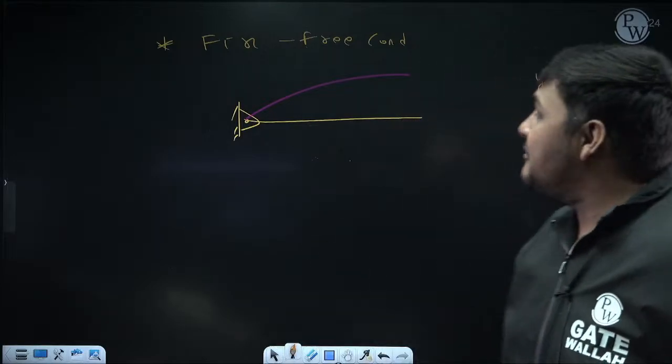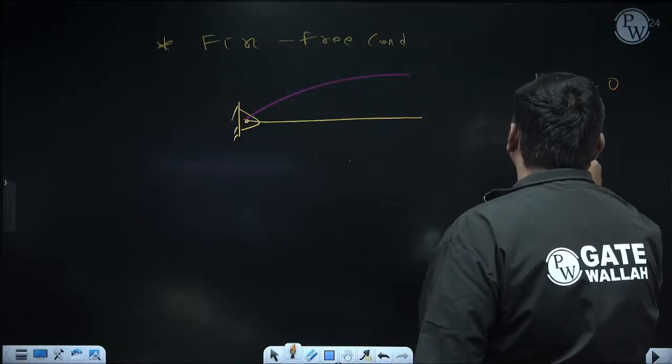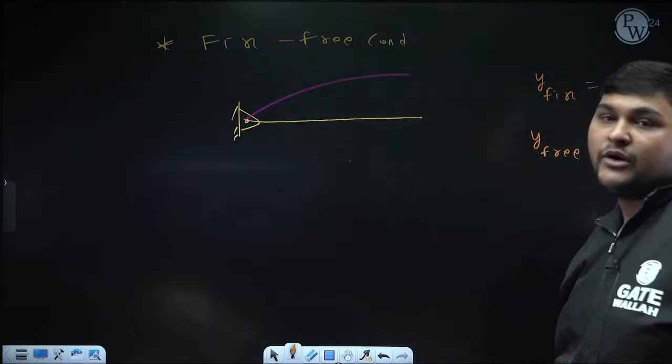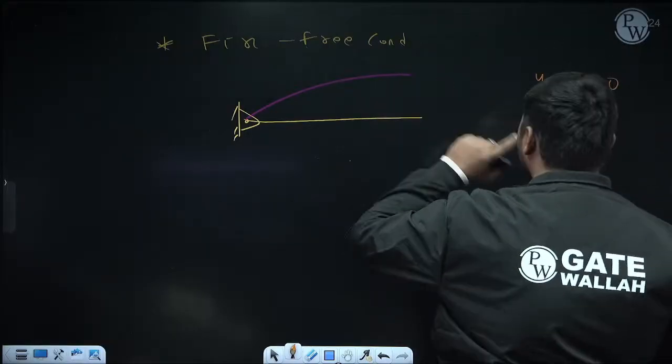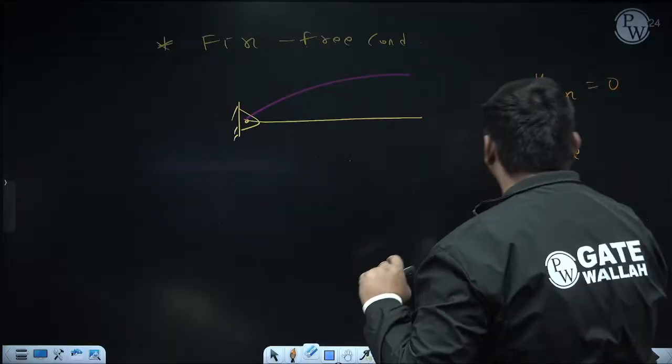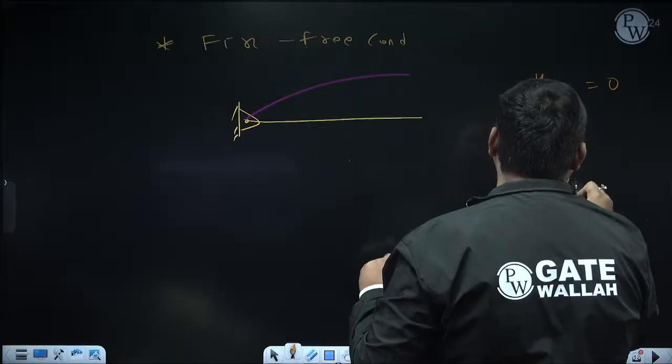But what is the important conclusion for the free end? The end which is free, definitely displacement can occur at that end. But you can see the slope of that end is 0. So at the free end, del y by del x will be 0, because slope means del y by del x.